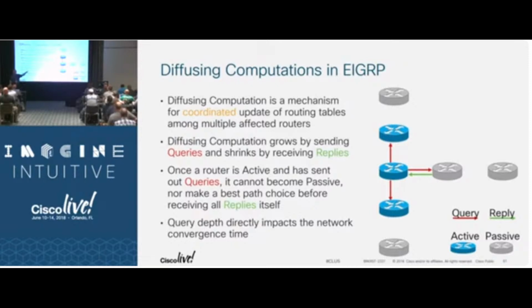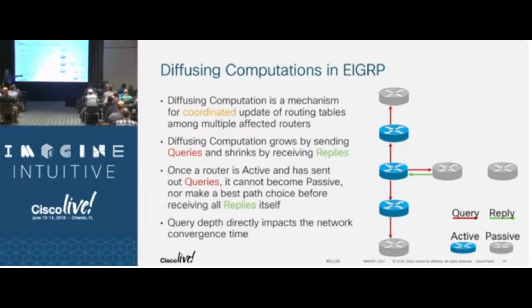If the routers below and above the router in the middle have been using you as their next hop, they might get affected. And if they get affected so hard that they need to ask further, the diffusing computation just expands. You cannot send back a reply until you have received all the replies you are waiting for yourself.